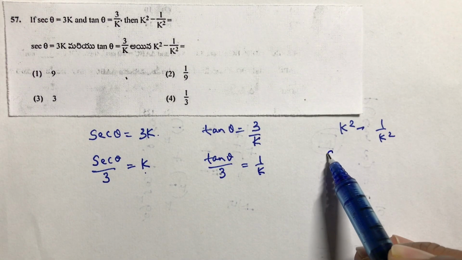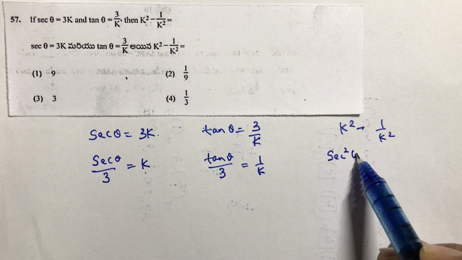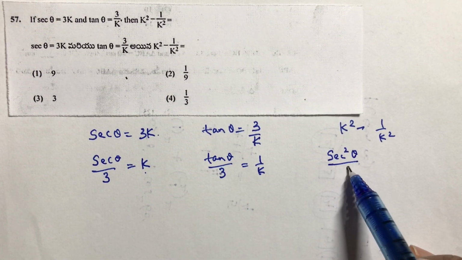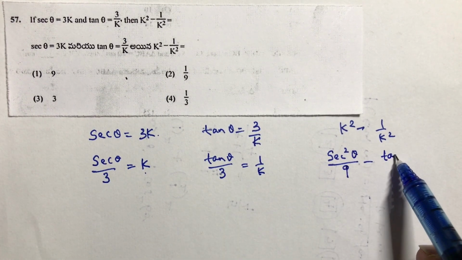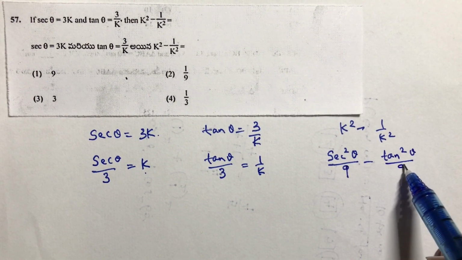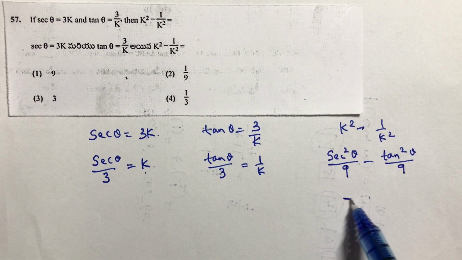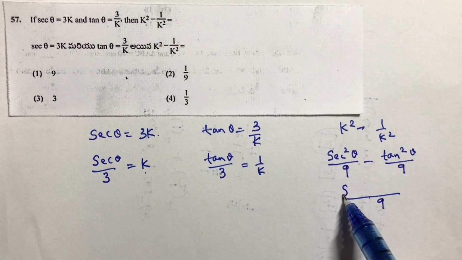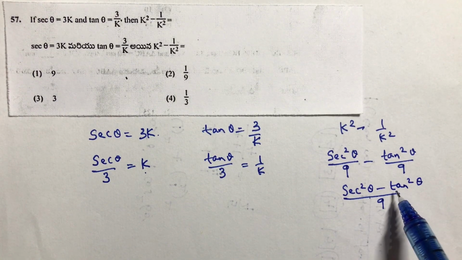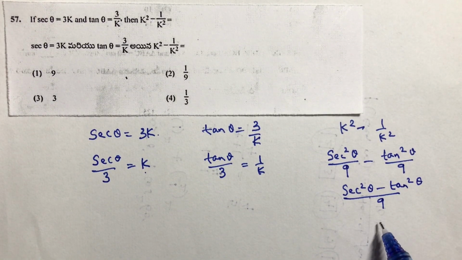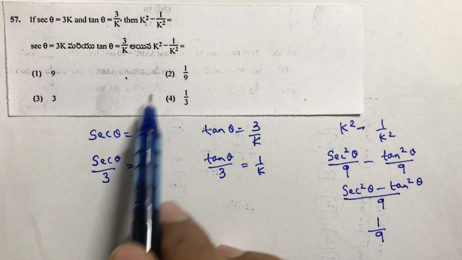K square will become secant square theta by 9. 1 by k square will become tan square theta by 9. If you take LCM 9, numerator will be secant square theta minus tan square theta. Secant square theta minus tan square theta is 1. So 1 by 9. Correct option is 2.